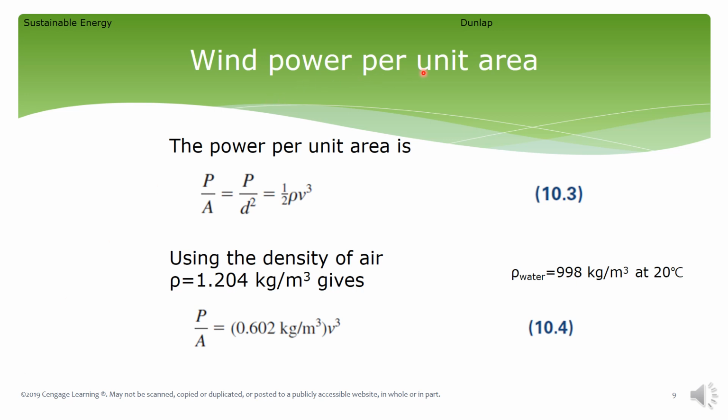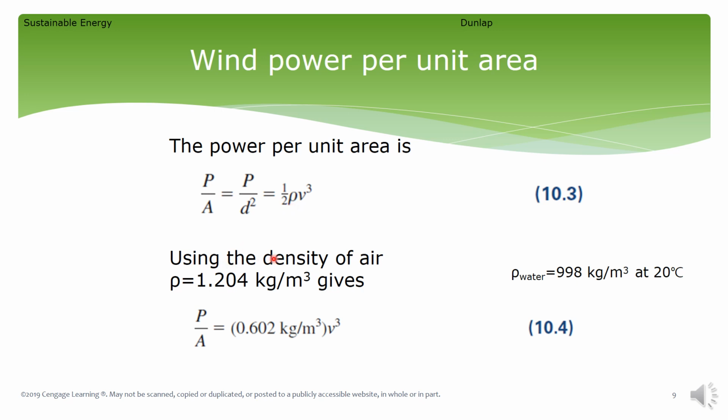Wind power per unit area. The power per unit area is like this: this is the power, and this is the unit area, and we can get this equation.